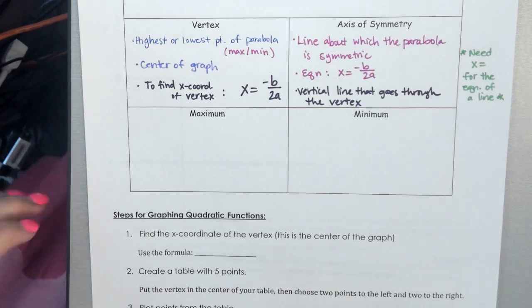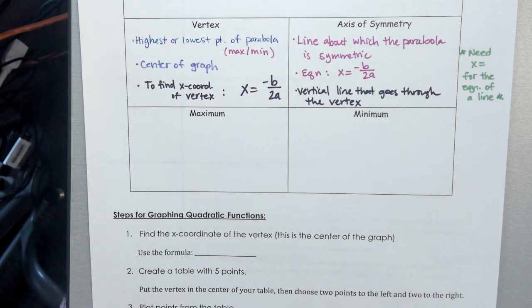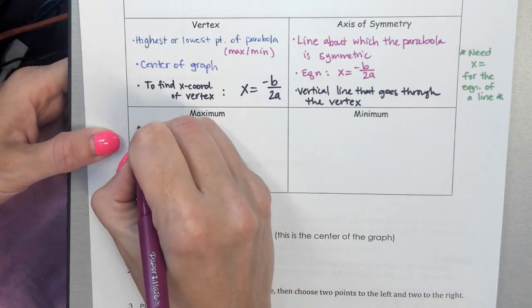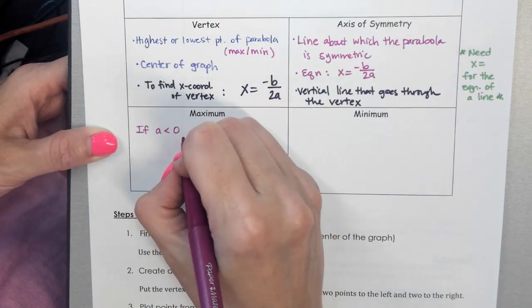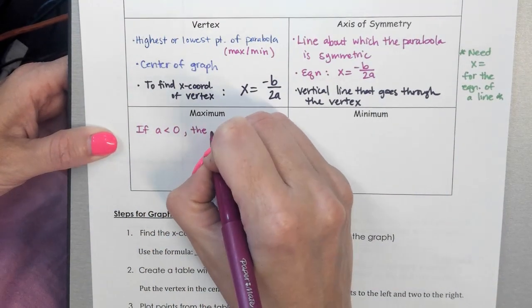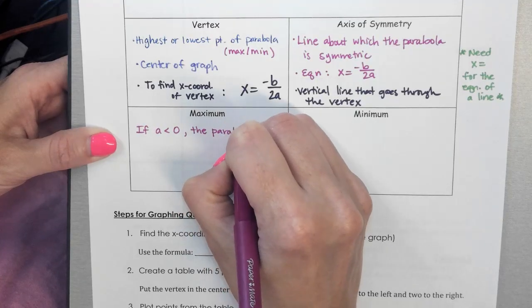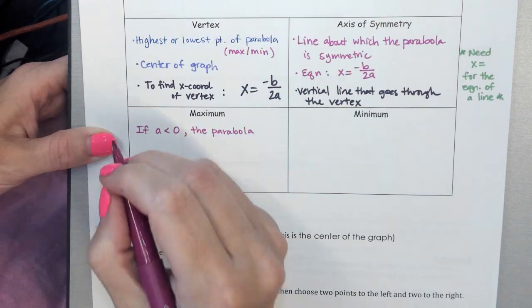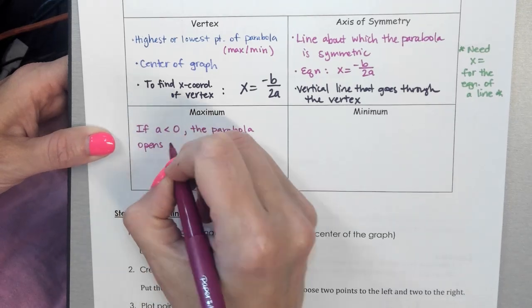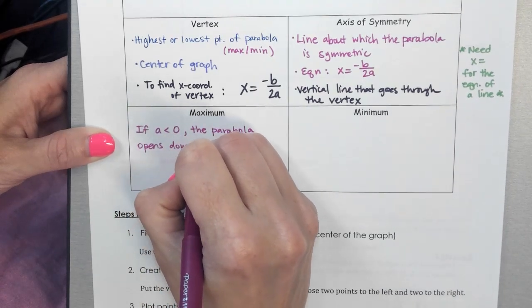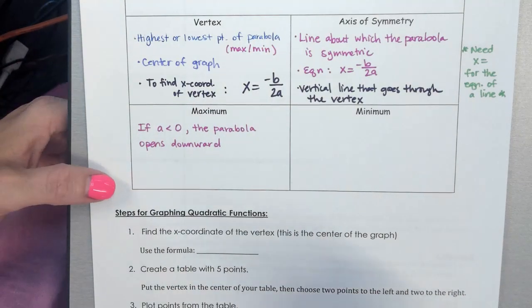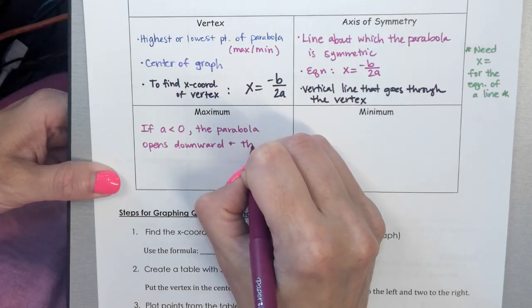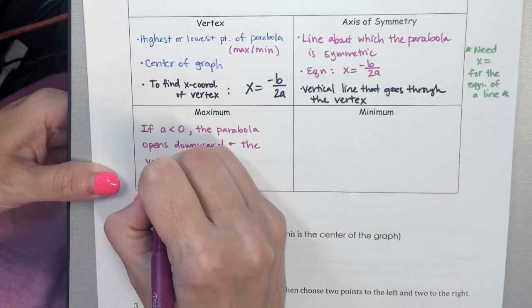For the maximum, values occur if the a value is less than 0. If a is less than 0, that means it's negative, then the parabola opens downward and the vertex is a maximum.